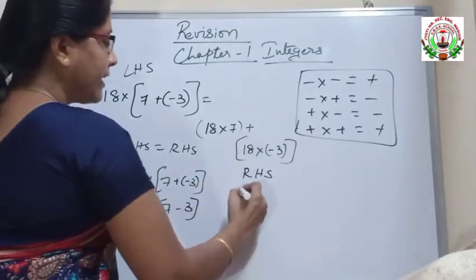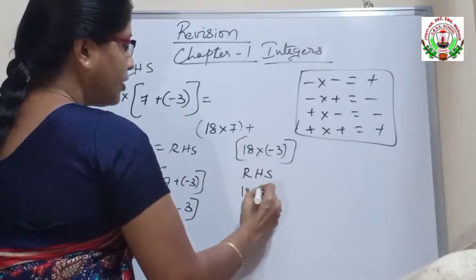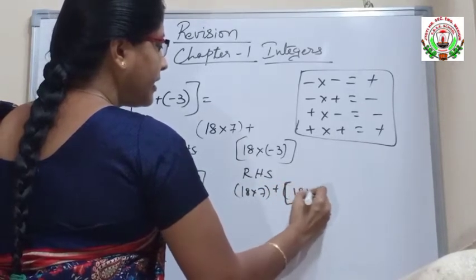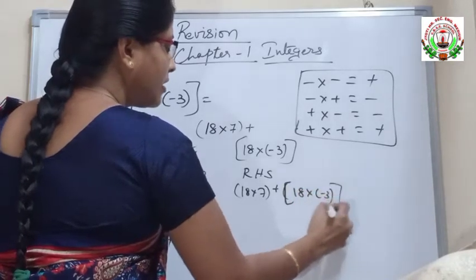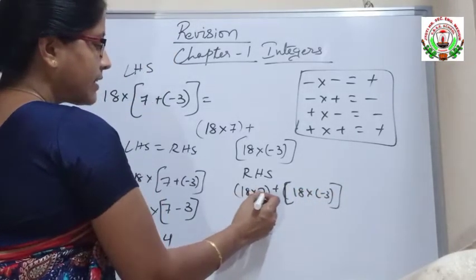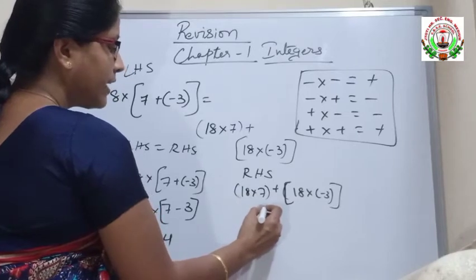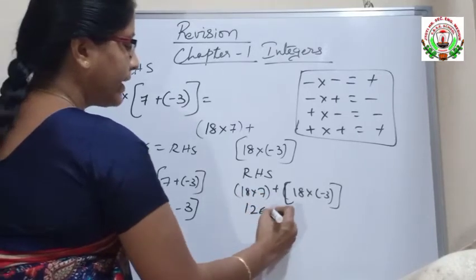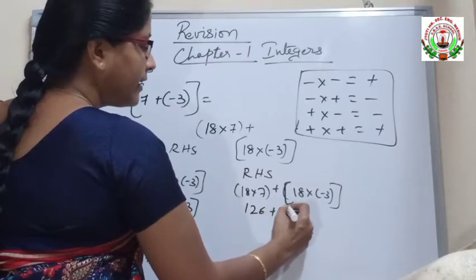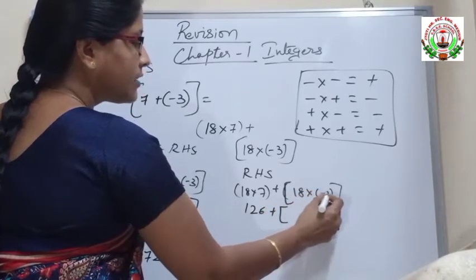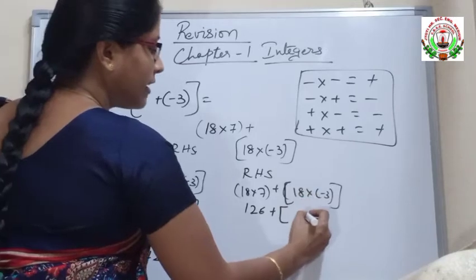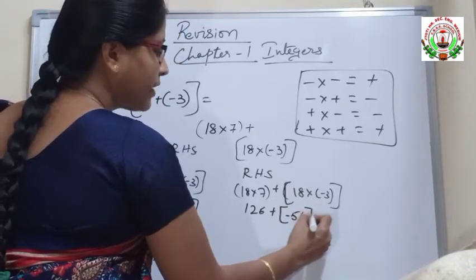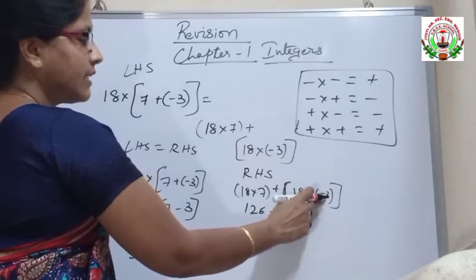Taking the RHS, 18 into 7 plus 18 into minus 3. 18 7s are 126: 7 8s are 56, 6 5 and 7 is 12, 126. Plus 18 into minus 3: 18 3s are 54, and minus 54 because the minus sign is there.